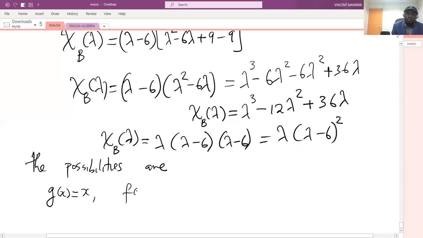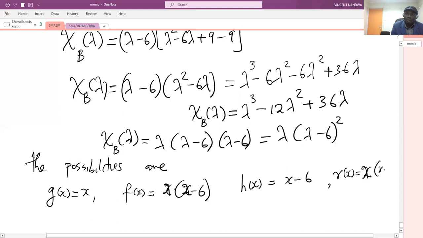Then say f of x equals to another factor of this one. You can say lambda into lambda minus 6. And then say h of x equals to x minus 6. And then say r of x equals to x minus 6 squared.